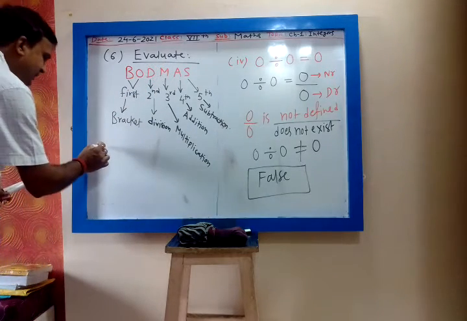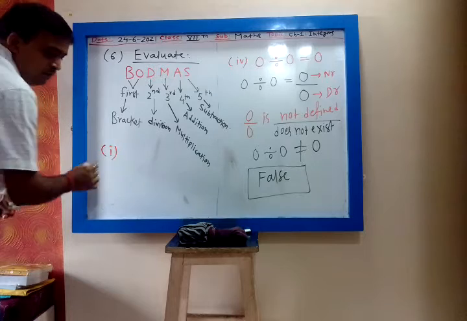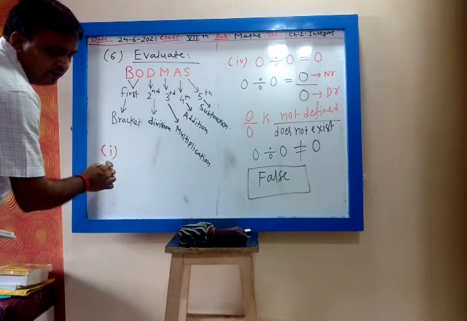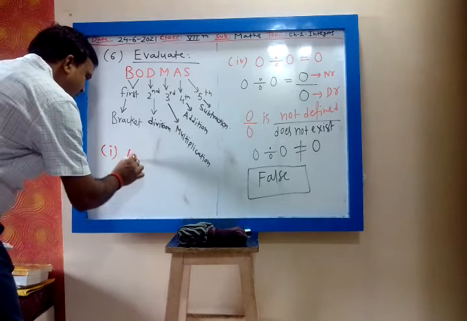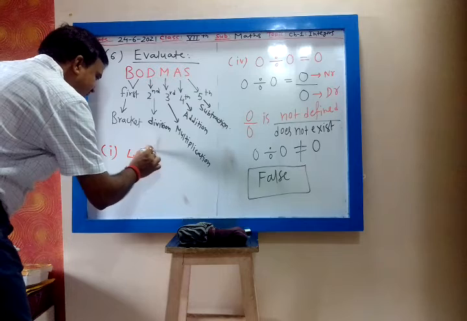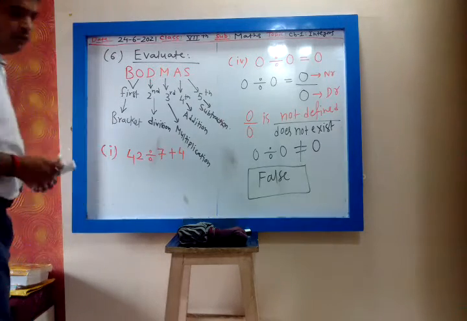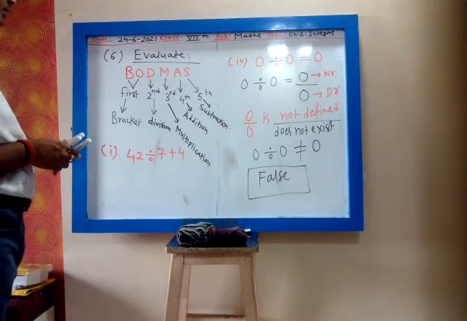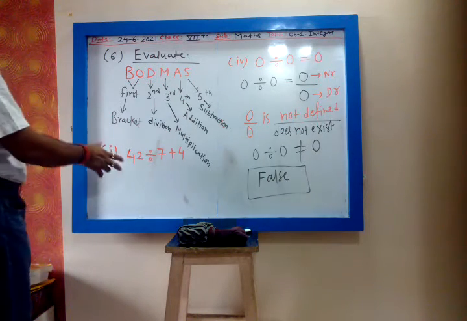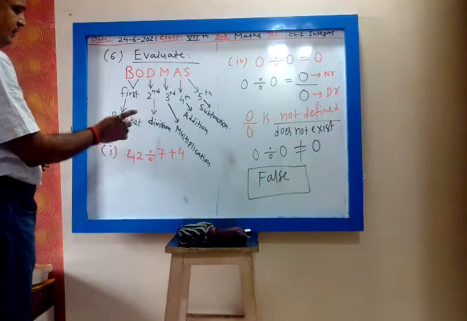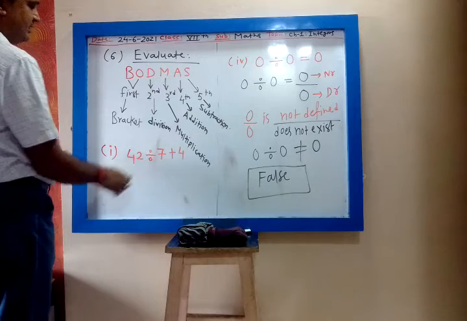Let us solve the first one. 42 divided by 7 plus 4. So according to BODMAS, you have two signs, division and addition.